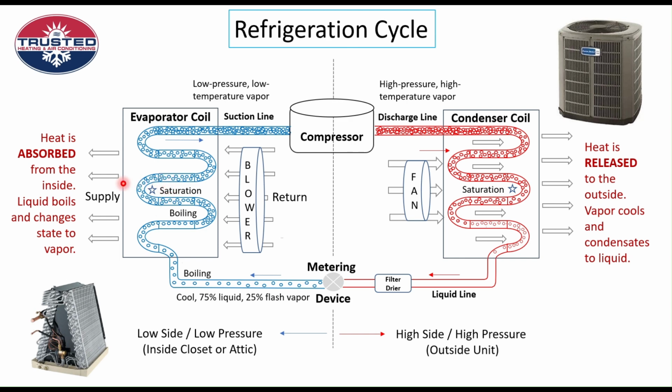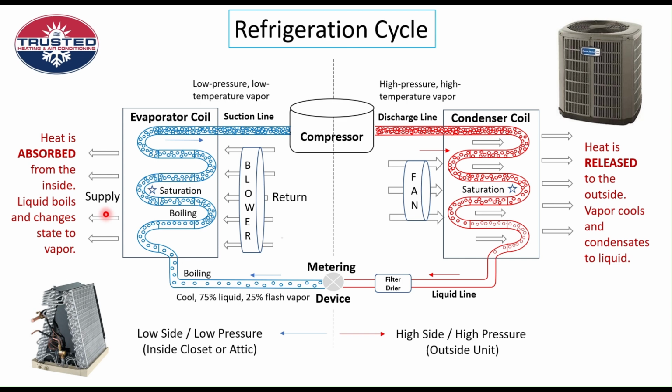The result is cool air at about maybe 55, 58, 60 degrees coming out the supply vents or registers. Again, they could be in your ceiling or in the floor, depending on how your house is designed.